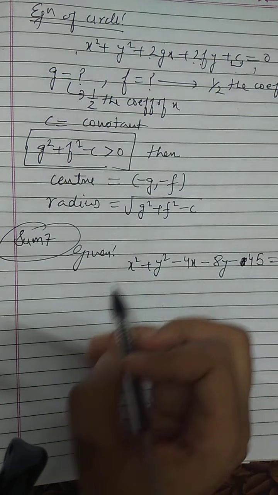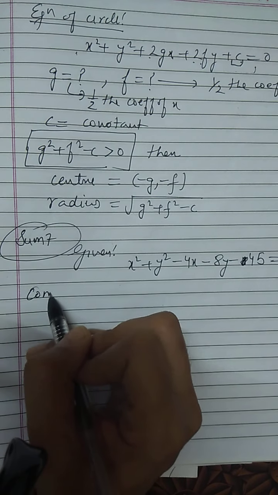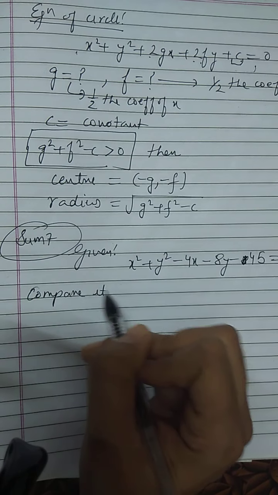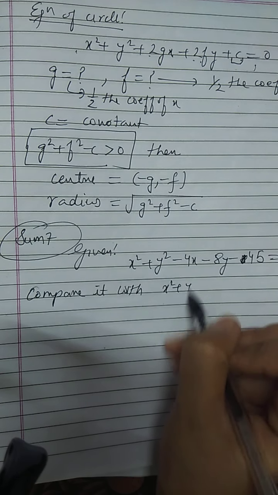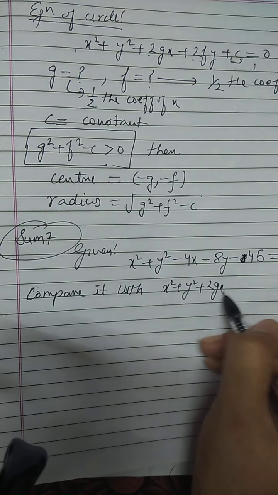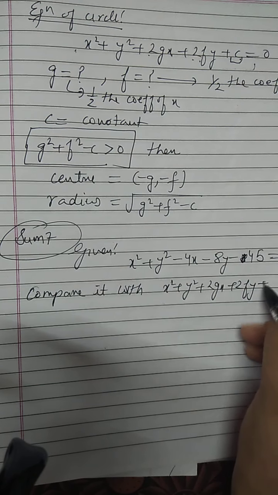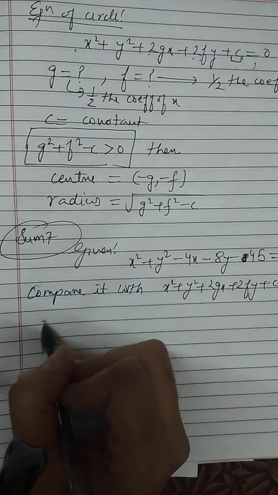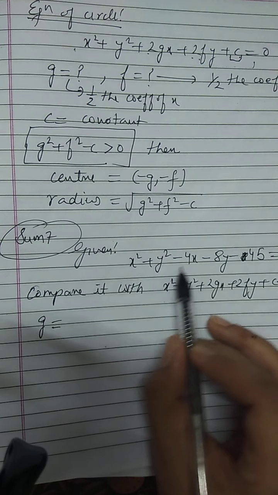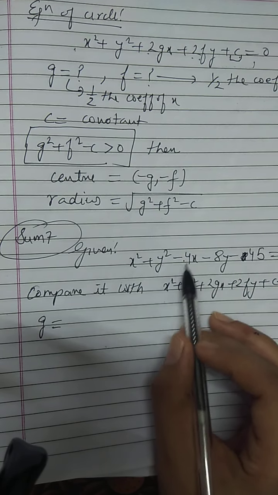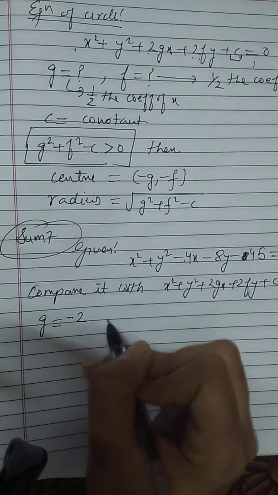Now if I compare it with the standard equation, x square plus y square plus 2gx plus 2fy plus c equals 0, then the value of g is half the coefficient of x. Now the coefficient of x is minus 4, so half of minus 4 will be minus 2.